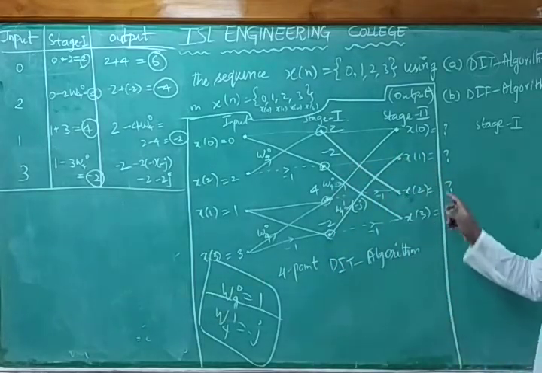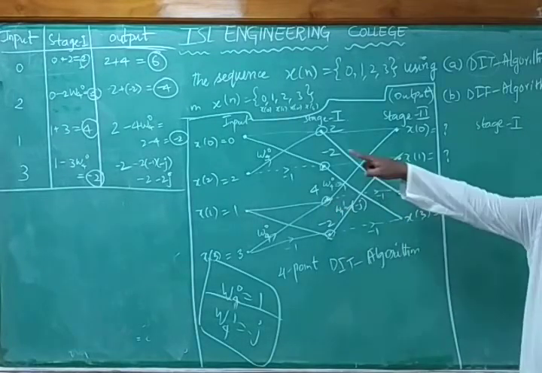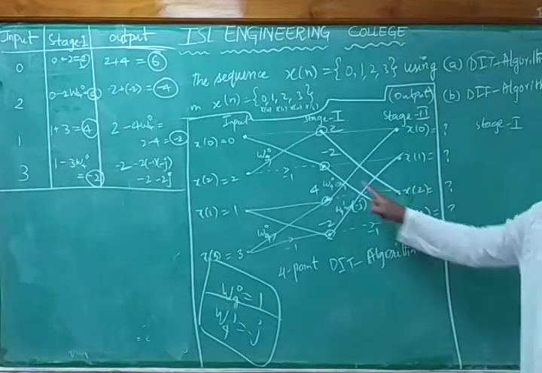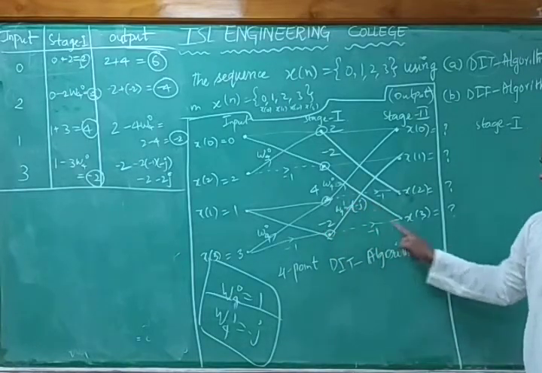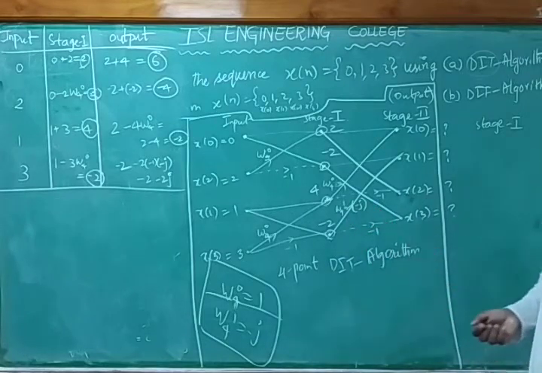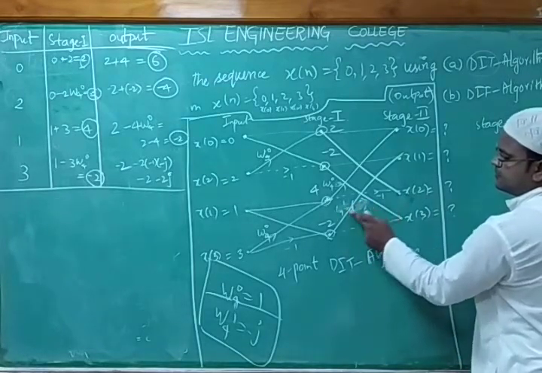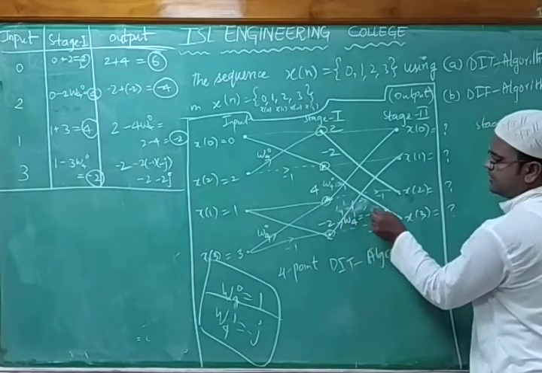For next, x of 2, it is 2 with minus 4. So we mentioned 2 with minus 4. For x of 3, we had minus 2. Minus 2 is also there. This omega also we have to write for this particular value because it's coming for this line also. So omega 4 of 1, that is nothing but minus j.